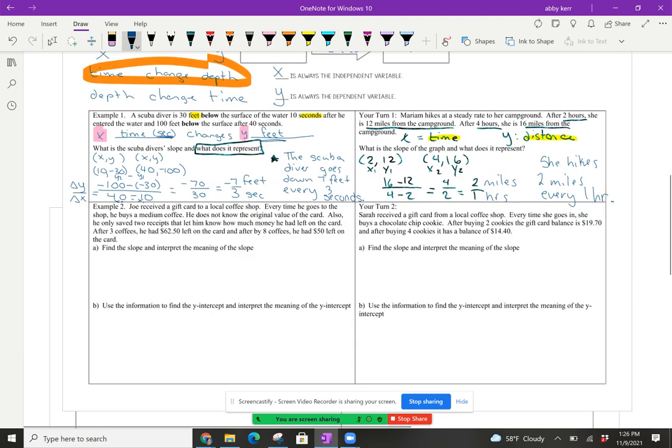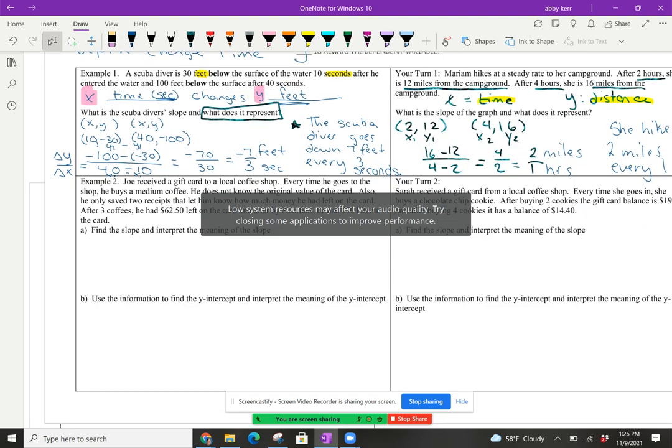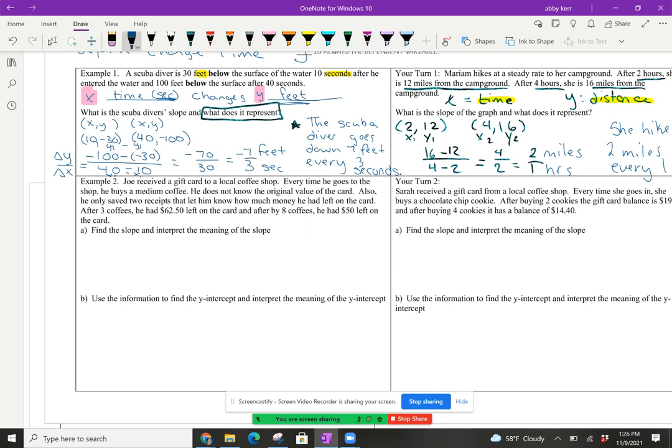Now, example 2 is where we bring it all together. Not only are we going to find the slope, but we're going to find the y-intercept as well in the situation. So example 2, Joe received a gift card. He only buys a medium coffee every time he goes. He does not know the original value. So he saved 2 receipts. We're going to talk about coffees, and we're going to talk about the money left on the card. So X is the amount of coffees he can buy, and then Y is the balance on the card.